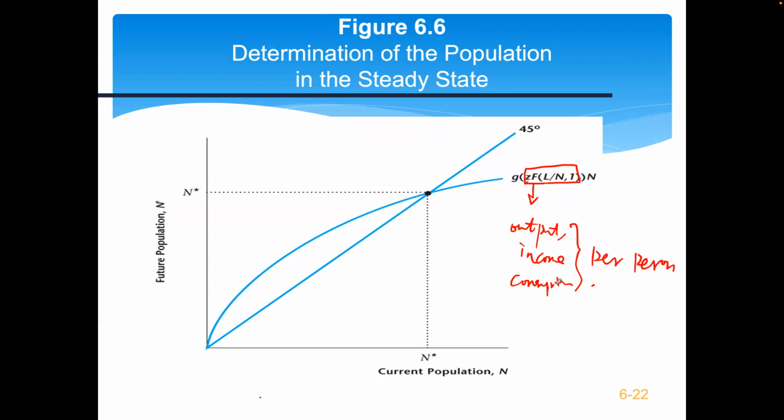This also tells us the standard of living. And then G as a function of the standard of living tells you how the population is going to grow, and then times N tells you how the population is going to evolve. Now G has this particular shape.